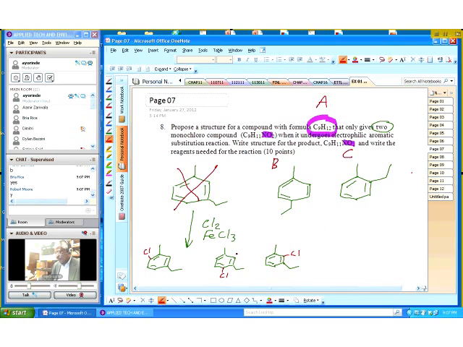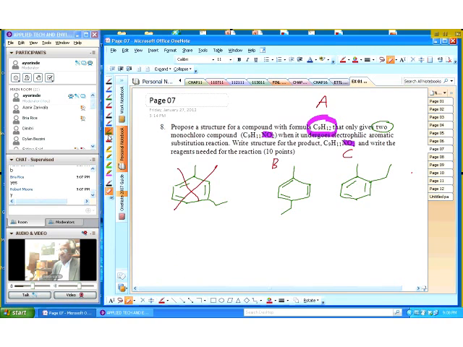If it is B, the chlorine comes here, right? Let me just take this out. If it is B, what are the products we get?